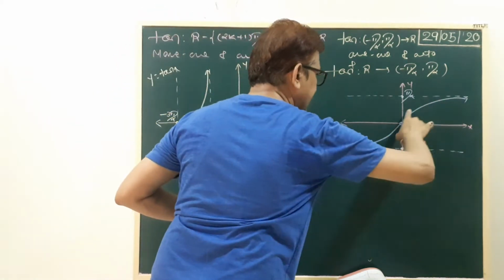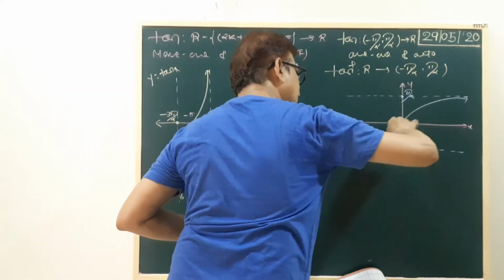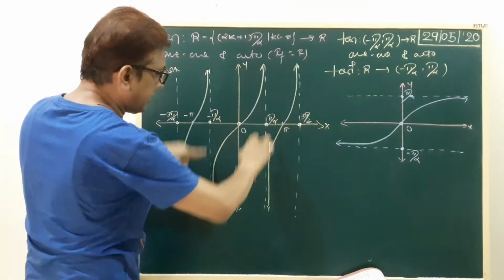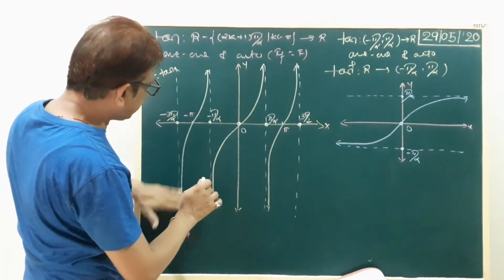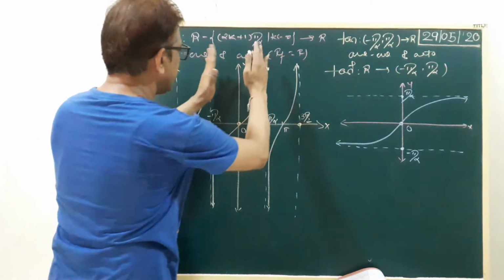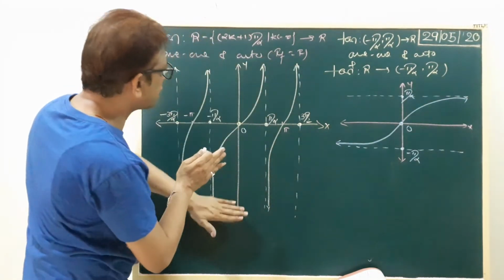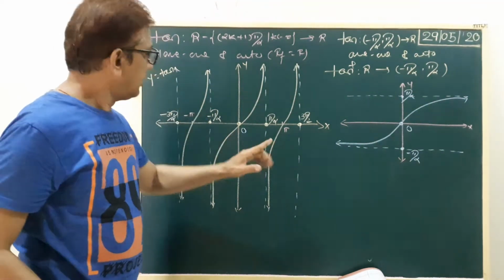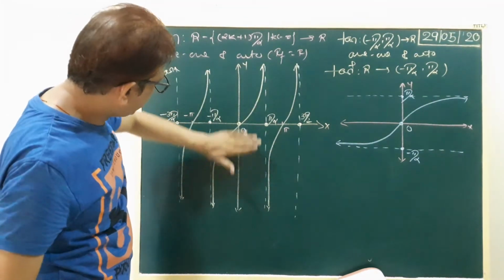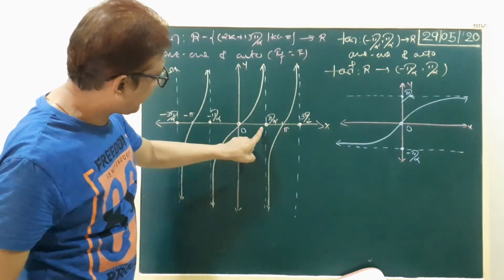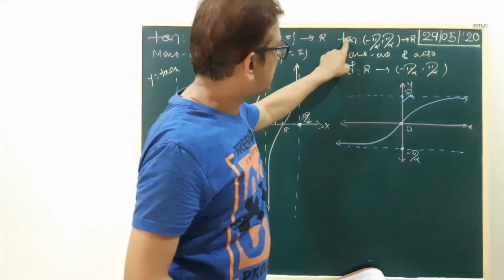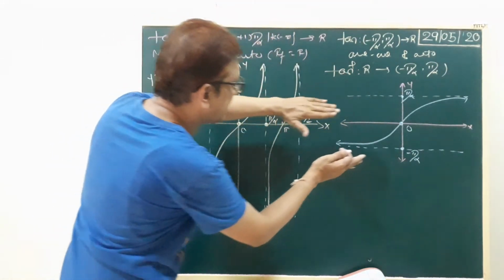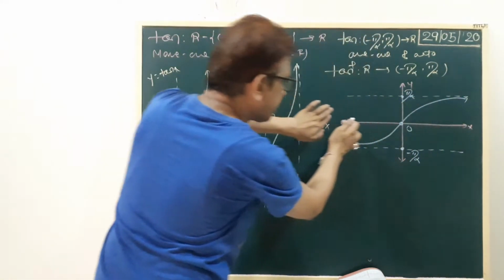So this is our tan inverse graph. This is your tan graph, which is many-one and onto. If you erase everything except this portion, only between minus pi by 2 and pi by 2, this is your one-one and onto function. Clear? So the tan function is one-one and onto. Then we draw the inverse function graph, this one.